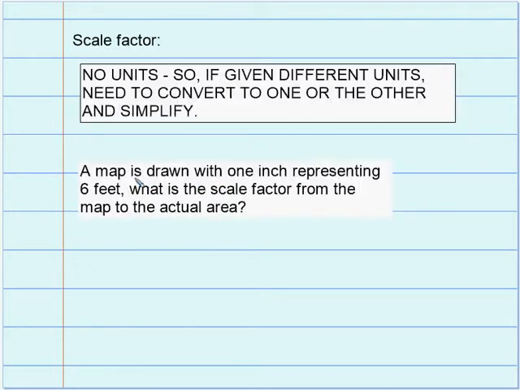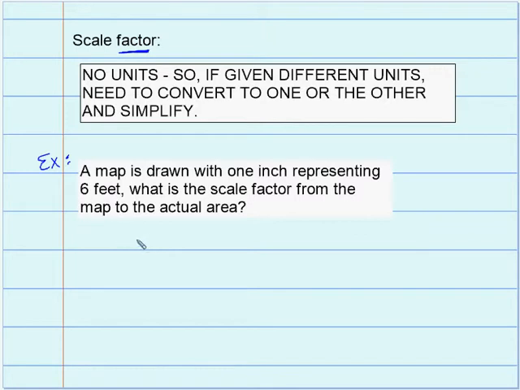Okay, one other thing is scale factor. So we've addressed scale, that's the dilation, but scale factor has no units. So if you're given different units, you need to convert to one or the other and then simplify. And here's an example. A map is drawn with 1 inch representing 6 feet. What is the scale factor from the map to the actual area?